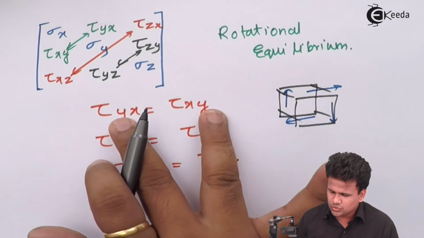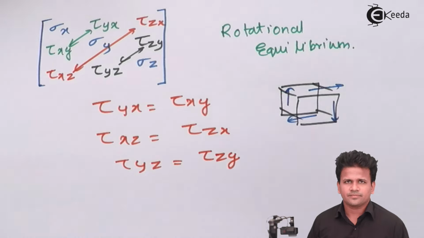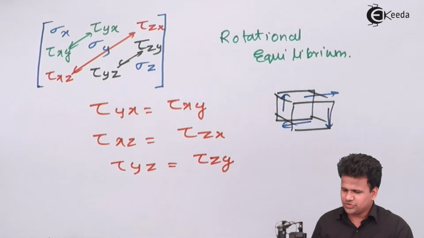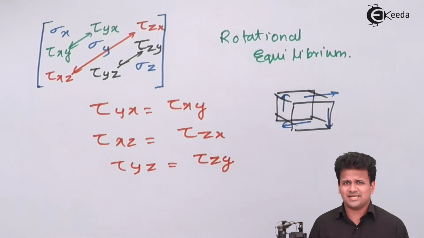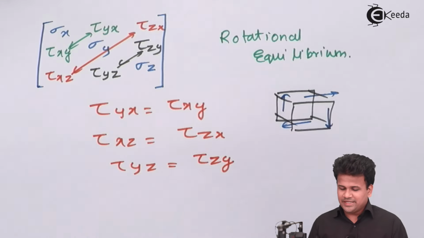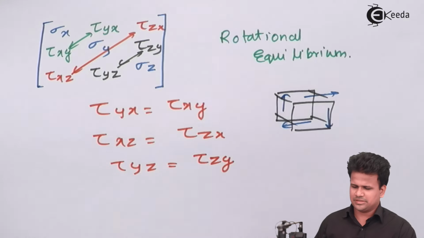Hence these two stresses will be the same, so tau yx is equal to tau xy. Since it is in rotational equilibrium, the fluid is not rotating along the x-axis, y-axis or z-axis. Now the next part we are going to see is body forces. Let us see what a body force is.